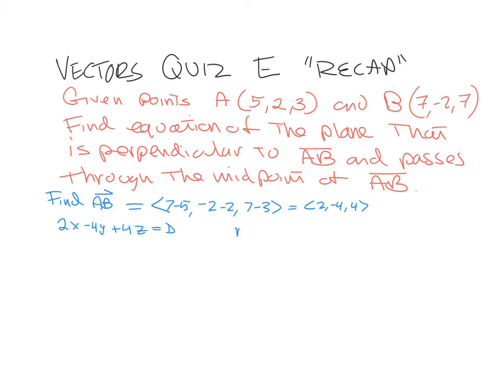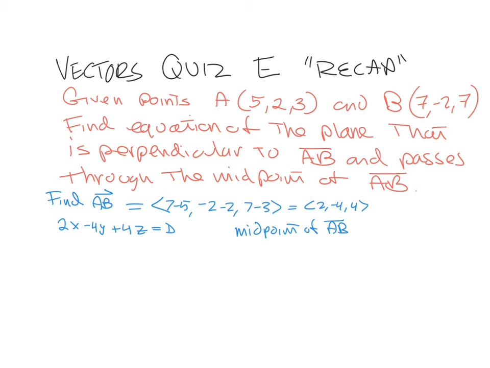So the midpoint of AB. Well, there's a formula for that, but if you just think about each of the coordinates of these 2 points, the x-coordinates of A and B, the y-coordinates of A and B, and the z-coordinates of A and B, the midpoint's x-coordinate is going to be midway between the x-coordinate of A and the x-coordinate of B. So finding a number that's midway between 5 and 7, you could picture 5 and 7 on a number line and pretty easily sort out the number that's right in between those two.